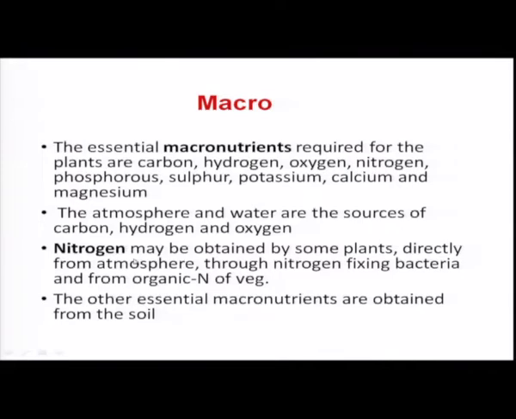Not all plants are capable of doing this, only few which have cyanobacteria, they get it from atmosphere through nitrogen fixing bacteria and mainly from organically bound nitrogen of vegetation matter as well as animal decay that are all present in soil. That is the main source for nitrogen. So, both atmosphere and organically bound nitrogen in soil, mainly derived from vegetable matters decomposition, is the main source.